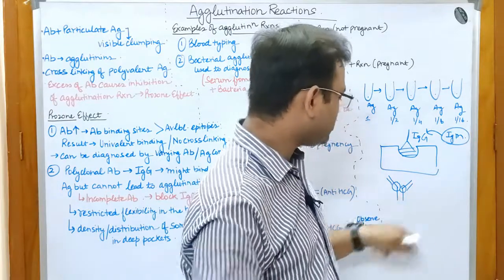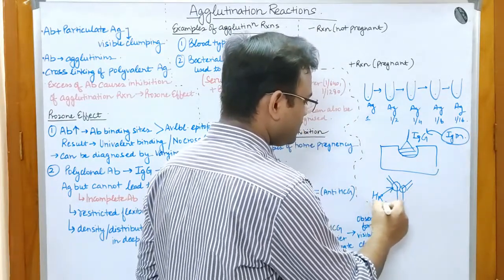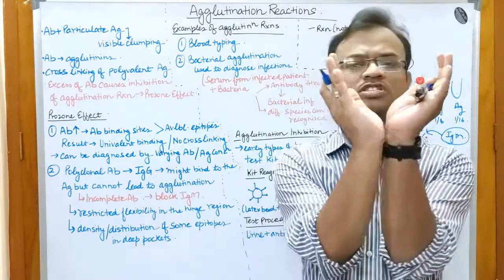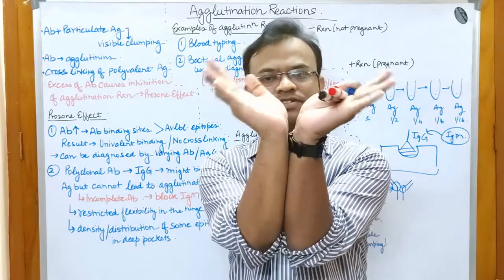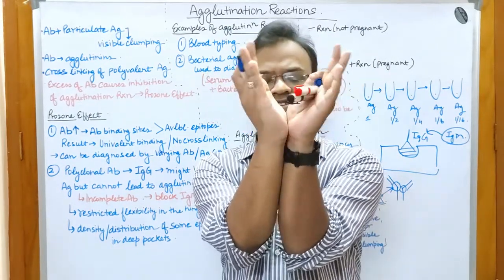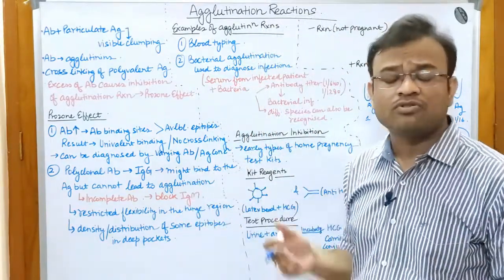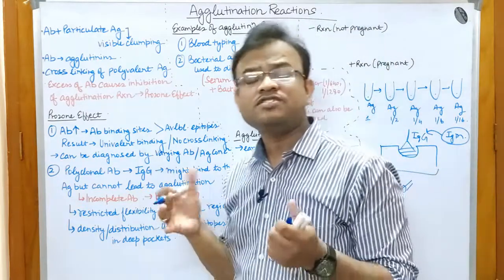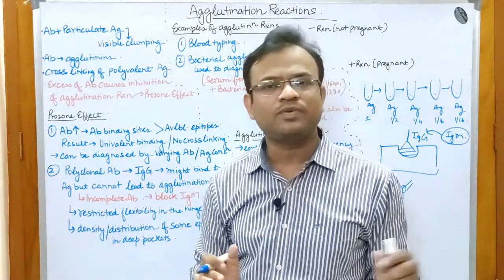If I draw this antibody, this region is called the hinge region. This hinge region is responsible for creating lesser or greater angles between the antibodies, isn't it? This greater or lesser angle is required for proper binding with the antigen.